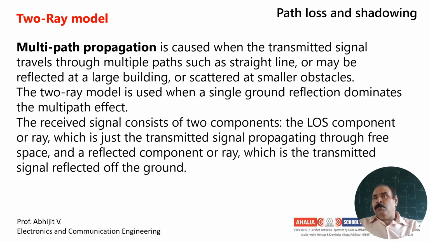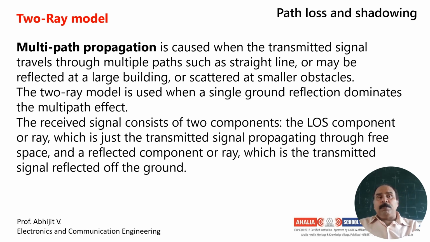paths. Some would be a line of sight path, some would be non-line of sight paths, some would be reflected, refracted, diffracted, and so on. So the same signal is received at the receiver point through multiple paths. Here we will presume a two-ray model, and then we will design a channel model for multipath propagation.